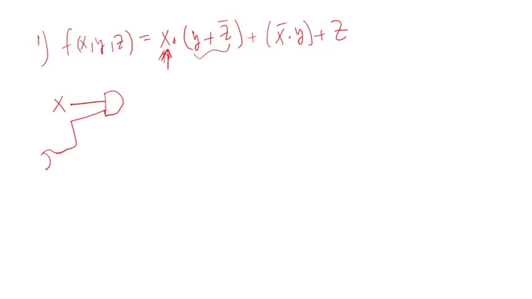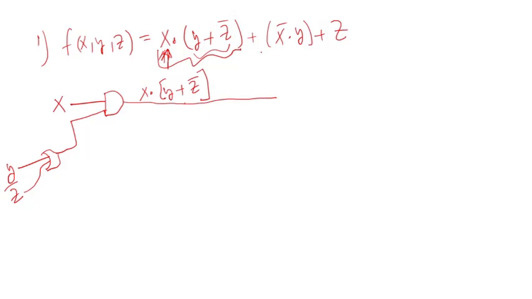So I'm going to draw an OR, which takes two inputs, y and z'. So far I drew this here: the output x, and y or z', which matches this here.